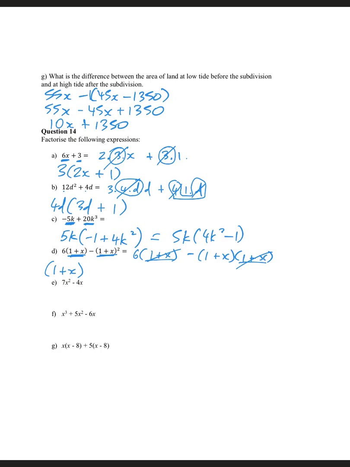You have times by 6, take 1 plus x. You need to expand these brackets. Negative 1, negative times by x, negative x. So that's equal to 1 plus x, bracket 6 take 1, which is 5 take x.